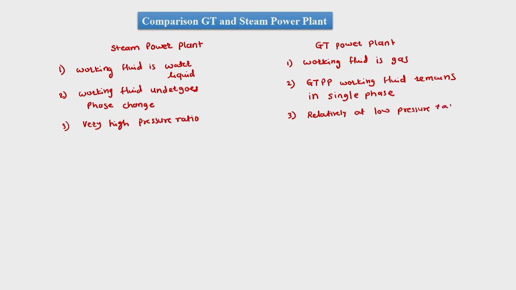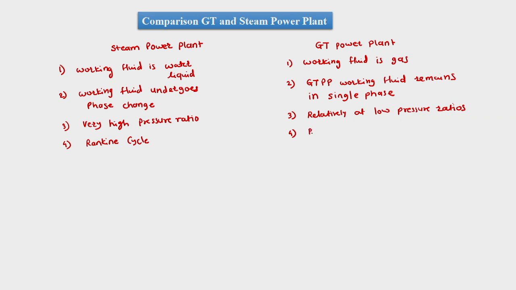Practically speaking, the thermodynamic cycles of the steam power plant and gas turbine power plant are similar in their processes. The steam power plant is based upon the Rankine cycle, which is comprised of 4 processes: isentropic compression, constant pressure heat addition, isentropic expansion and constant pressure heat rejection.